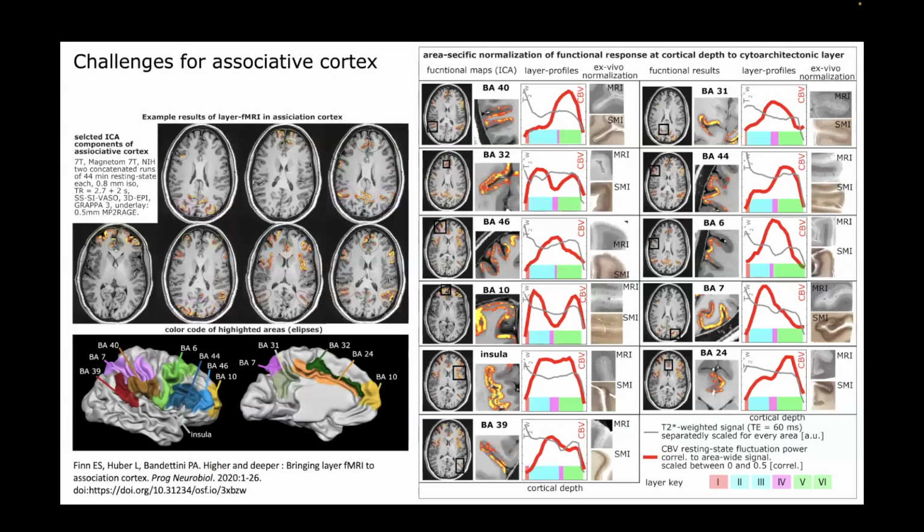As soon as you explore layer fMRI with further analyses outside of these strict validation experiments, where we know what to expect from the animal literature already, and try to move this to more cognitive areas, we have the issue that we need to relate the depth-dependent signals to layers, which are different across different brain areas.